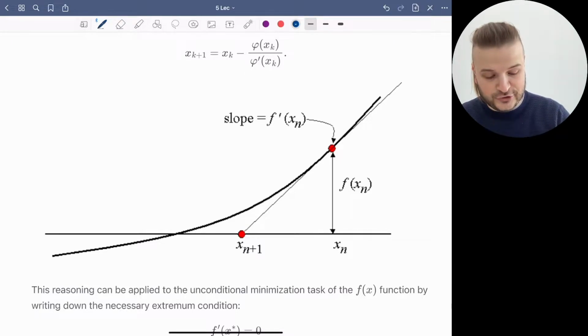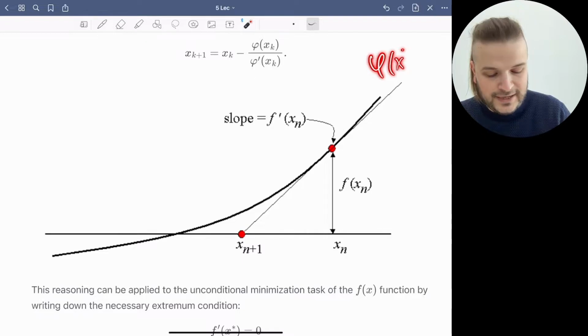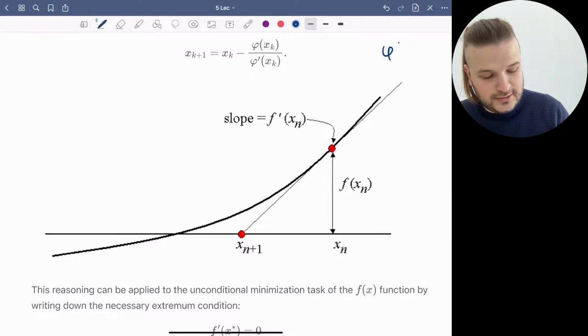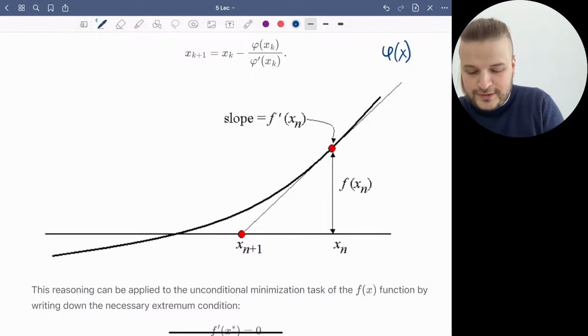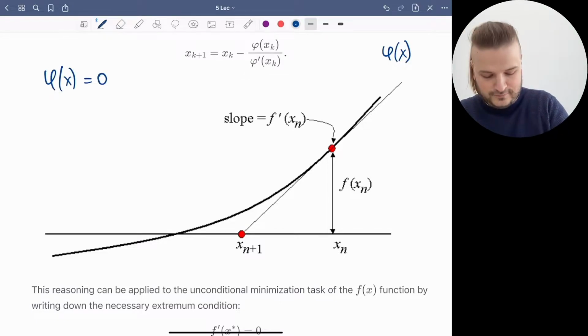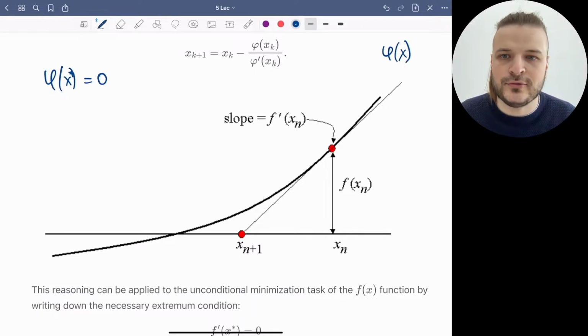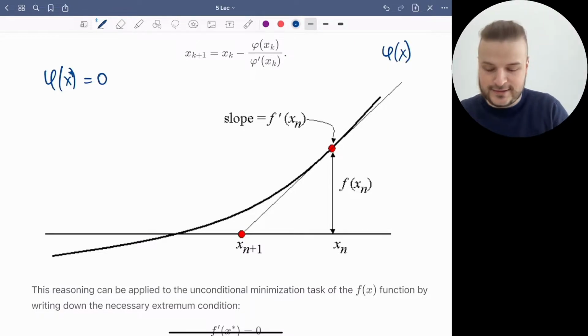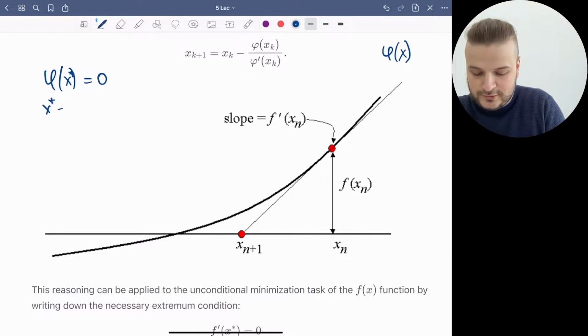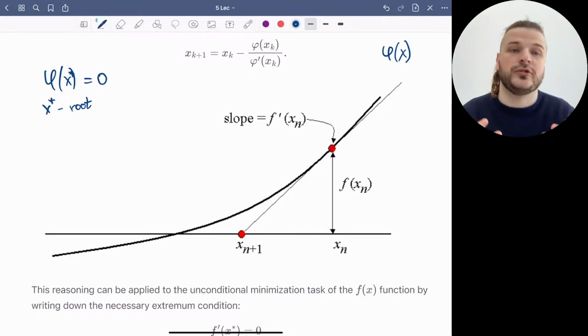Imagine that we have a function, let's say phi of x, and our goal here is to find such x that brings phi to 0. So x star is a root here.